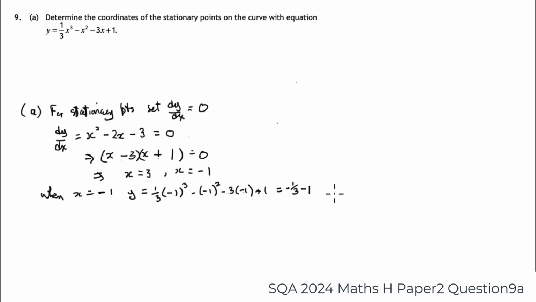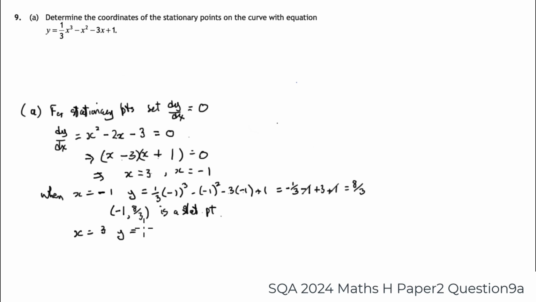Negative 3 lots of negative 1 is plus 3 plus 1. So these cancel. We've got 3, that's 9/3 minus 1/3, that's 8/3. So we're asked for the coordinates of the stationary points, so negative 1, 8/3 is a stationary point.